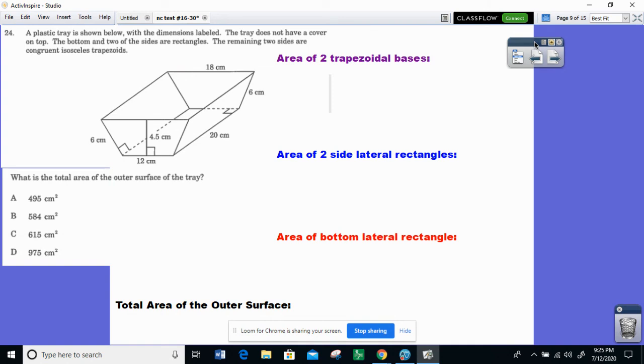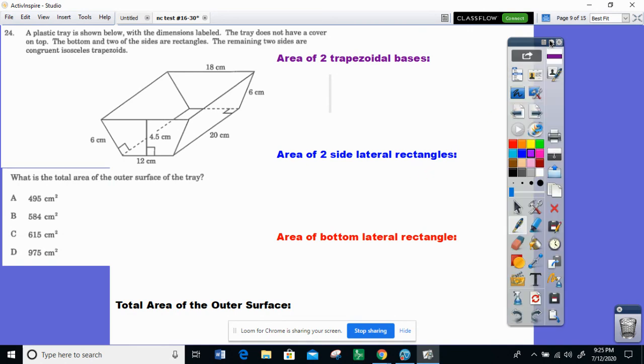Well, we need to find the area of 5 different polygons. Since there's no top, we need to find the area of the 2 trapezoidal bases, which I'm going to outline in purple.